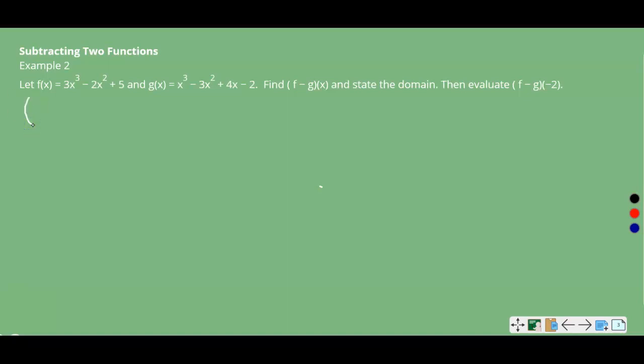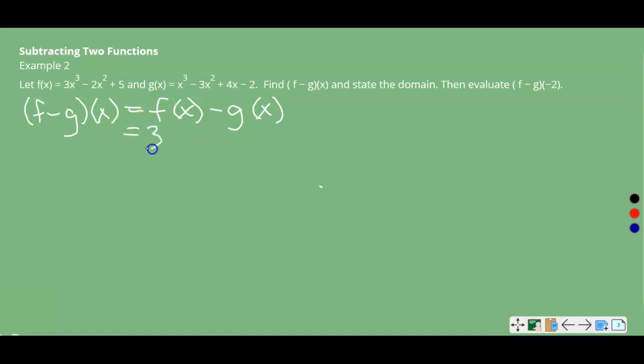All right, similar to before, but we do have to be a little bit more cautious with negatives. So we're going to do f minus g of x, and we know that's the same as f of x minus g of x. What you have to remember here is when you subtract g of x, you have to subtract all of g of x.